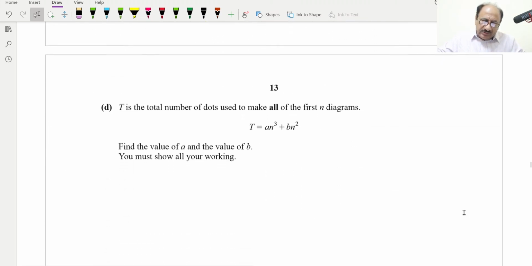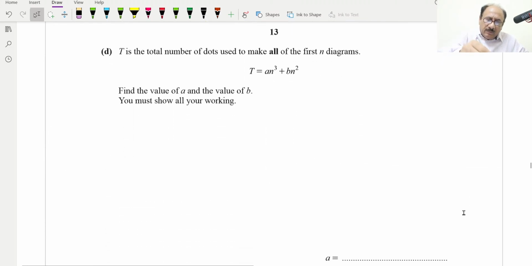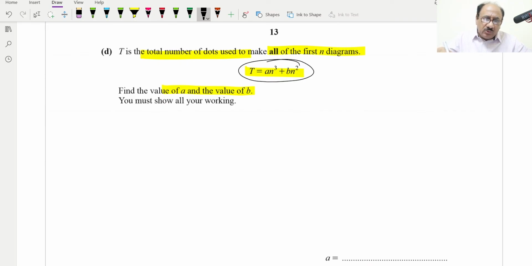And next part is, T is the total number of dots used to make all the first n diagrams. T is equal to this one. Find the value of a and b. So we will use this equation, and we will replace n is equal to 1.